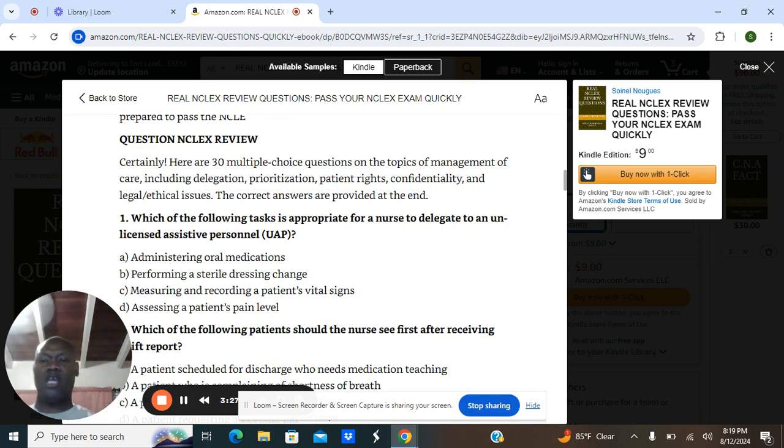First question. Which of the following tasks is appropriate for a nurse to delegate to an unlicensed assistive personnel? So we're talking about unlicensed assistive personnel. What can those people do? That's the question they ask you. Part A, administering oral medication.